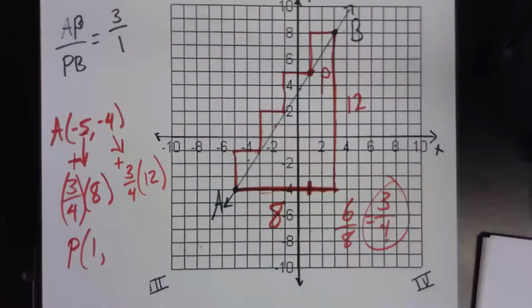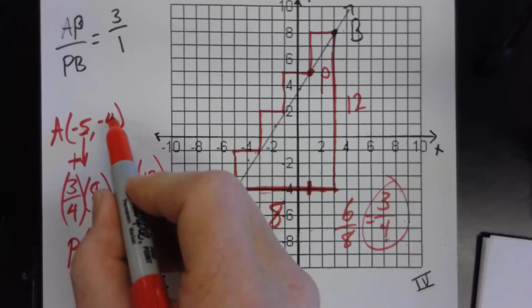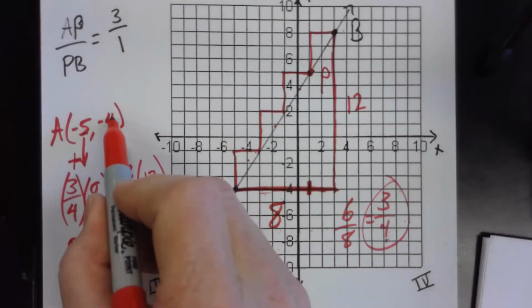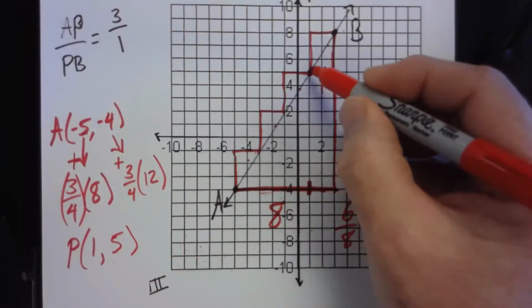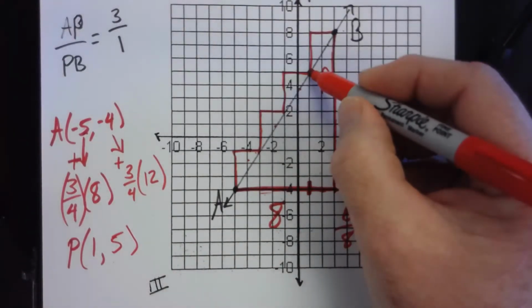Okay, you guys know what 3/4 of 12 is? Is it 8 or is it 9? Divide 12 into 4 equal parts. Take 3 of them. Times 3. Isn't that 3, 3, and 3? So we're going to add 9 to this, which would give us what? 5. 1, 5. There's our point.